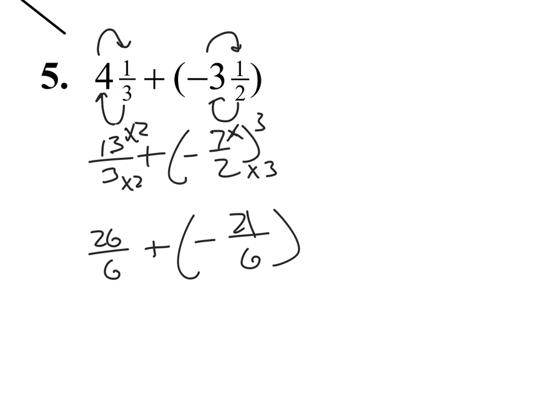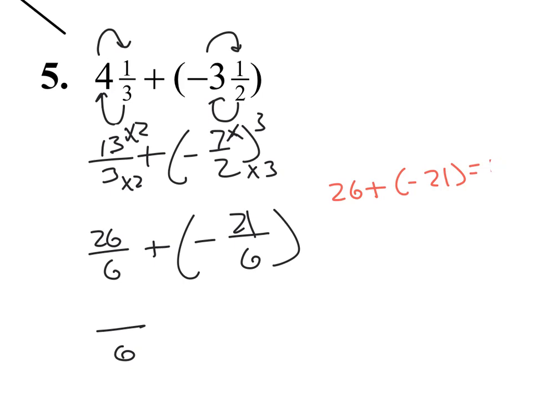Okay, so here we go. My denominators are the same, so leave them alone. Let's go ahead and take care of our numerators. Let's add those, and I'll do that in red. So I've got 26 plus negative 21. What's my answer going to be? What number is bigger, 26 or 21? 26 is bigger, and it's positive, so my answer has to be positive.